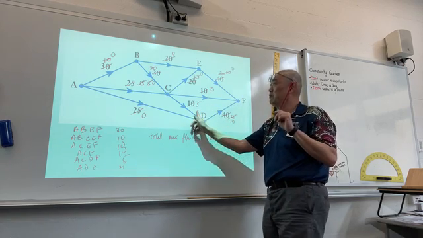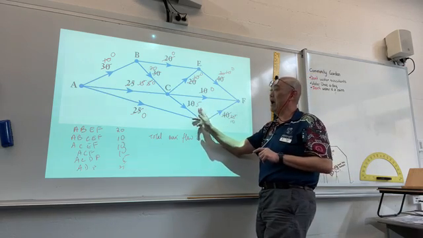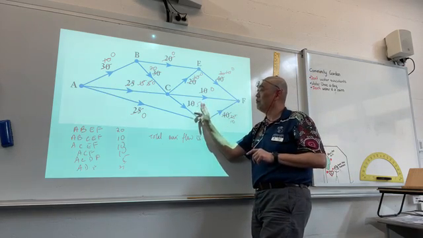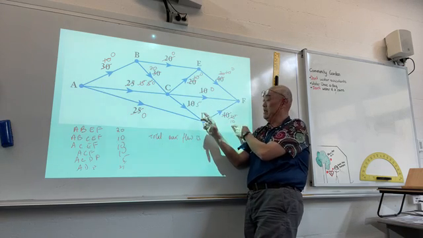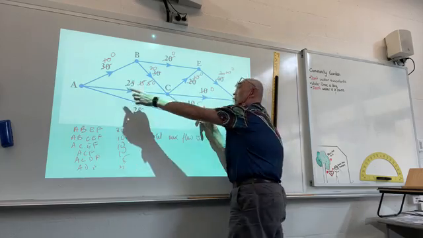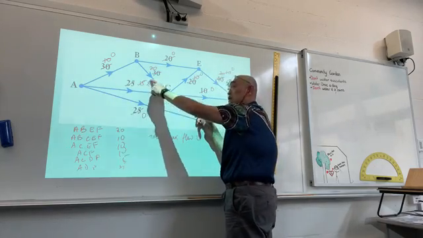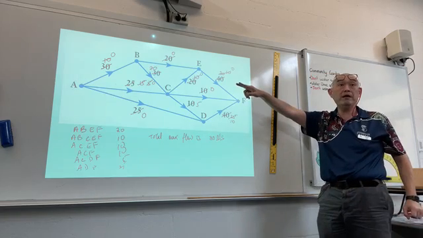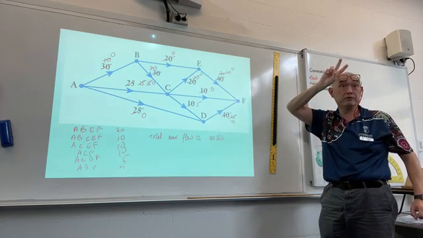If I want to increase by 10, so if I increase this to 15, that's extra 10, because it's a 10 liters capacity, so I can increase that by 15. However, AC doesn't work anymore because there's 0 here. Alright? You are only allowed to upgrade 1 pipe, not 2 pipes.